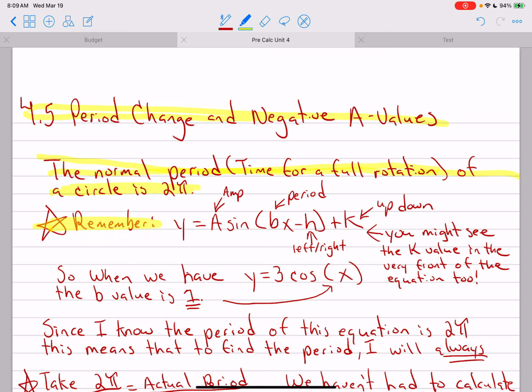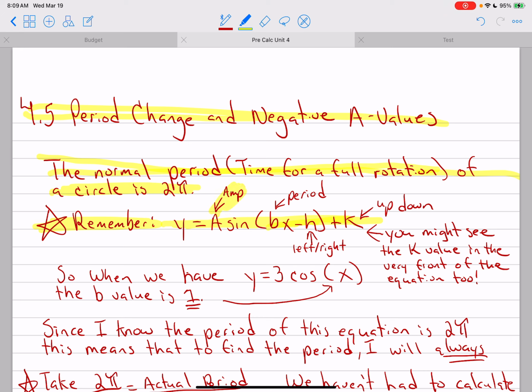So, here's the thing that you got to remember. All the transformations of a unit circle: y equals A times sine or cosine or tangent or whatever, b x minus h plus k. A lot of this should look familiar. A is your amplitude. That's your A value.